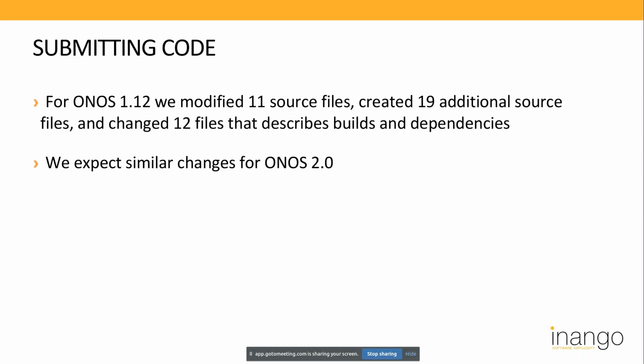Okay. So these changes that we suggest, we already tried for ONOS 1.12. It took about 2500 lines of code. Most of the code is for configuration, for the ability to propagate this configuration across the ONOS cluster.